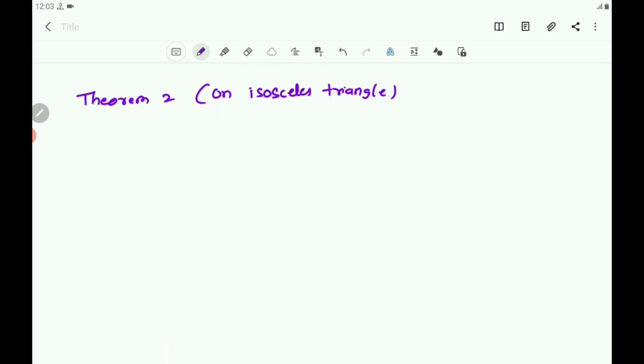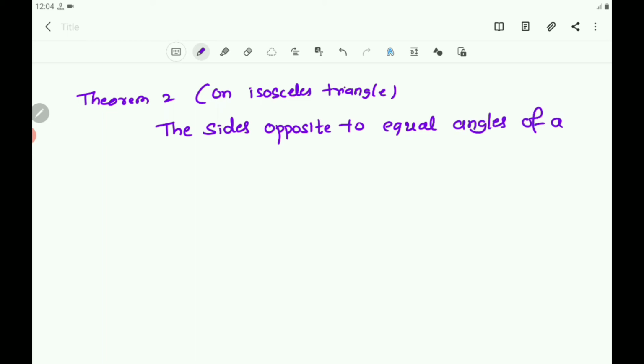The statement says that the sides opposite to equal angles of a triangle are equal.